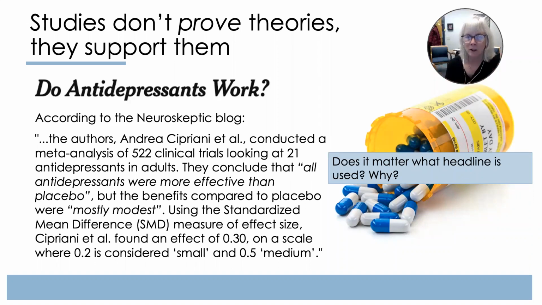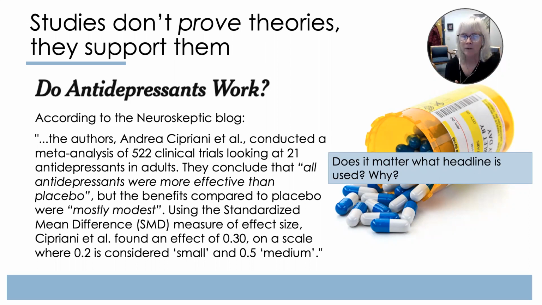So here they're reporting that Andrea Cipriani et al. conducted a meta-analysis of 522 clinical studies looking at 21 antidepressants. They conclude that all antidepressants were more effective than placebos. Good news.